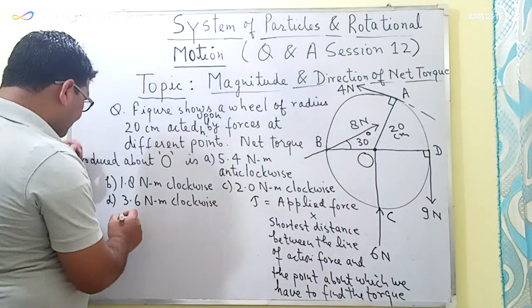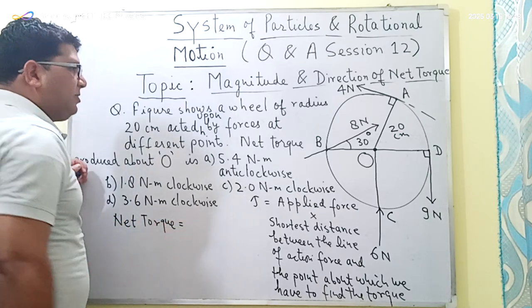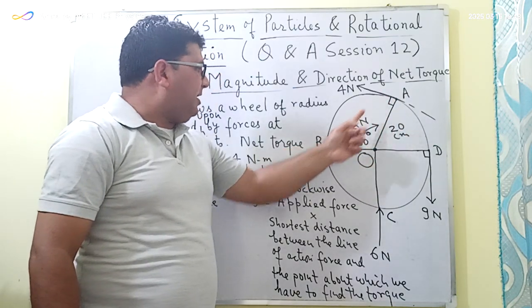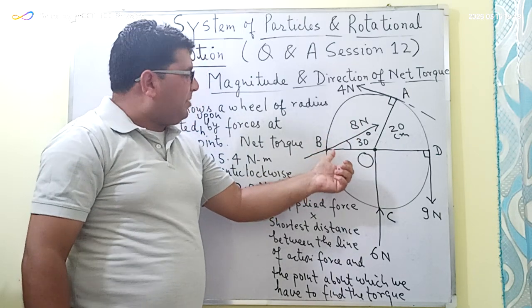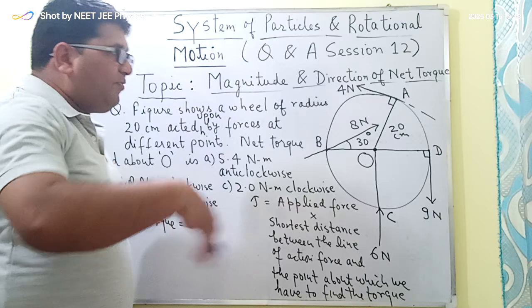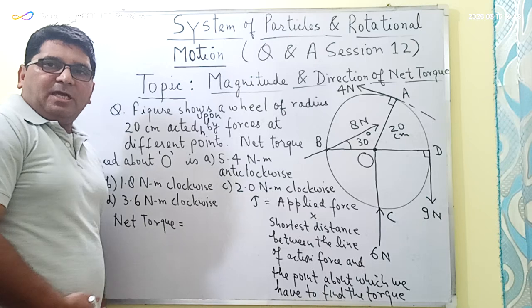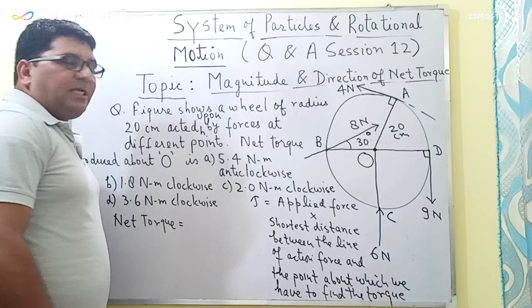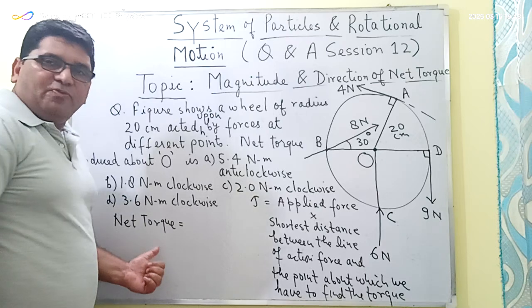The net torque will be equal to the torque due to the force applied at point A, the force applied at point B, the force applied at point C, and the force applied at point D. We have to find the magnitude of the torque in each case, then find the direction of the torque due to each force, and thereafter we will be able to find the net torque.